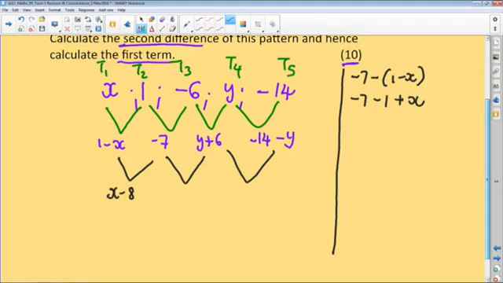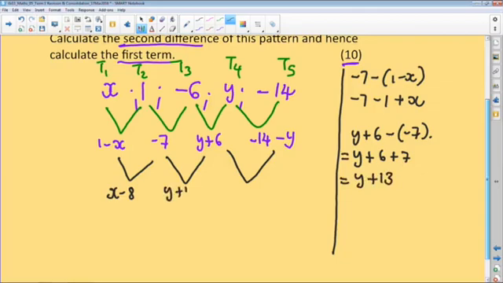Then on to the next one. You have your y plus 6 minus bracket minus 7. That is y plus 6 plus 7, which gives us y plus 13. Now let's look at the last one.